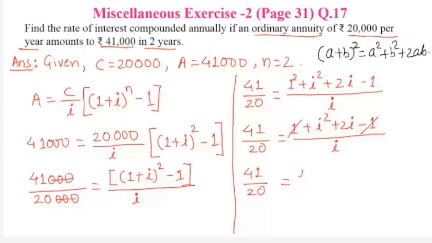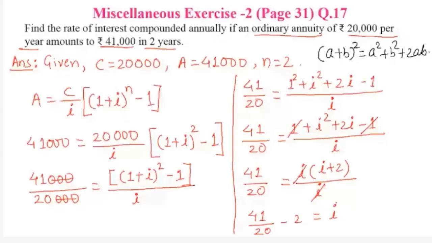If you take I common in bracket, I plus 2, divided by I. Again something is getting cancelled, I getting cancelled. So next step, 41 upon 20, the common I got cancelled with the denominator I. Then 2 shifted on the left hand side.